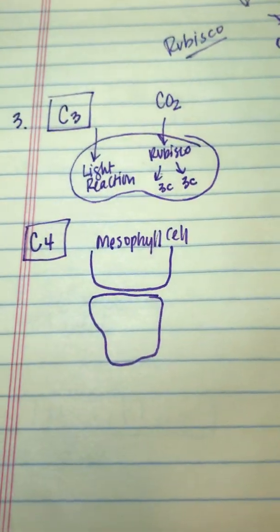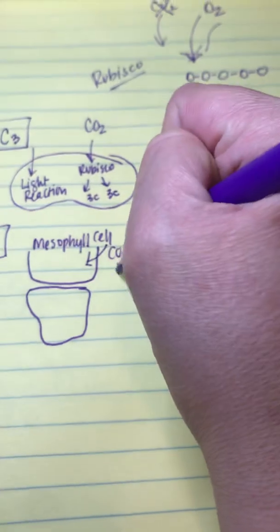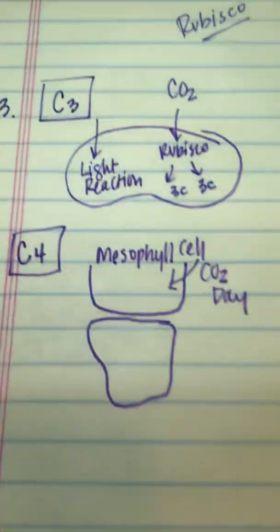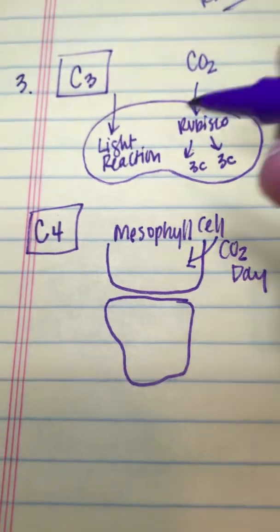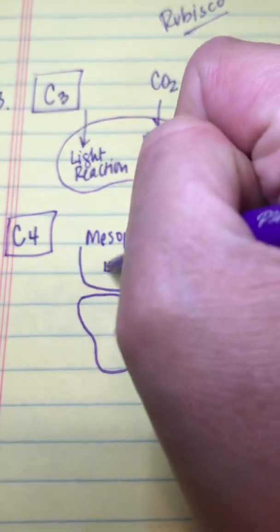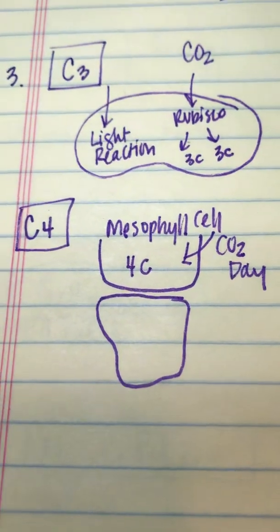And then what happens is in that mesophyll cell, it's going to take in CO2 during the day and actually convert it to a 4-carbon molecule. And this is where it gets that C4 name.